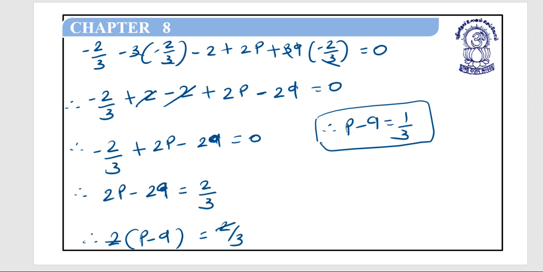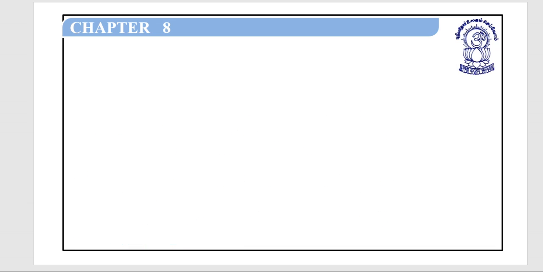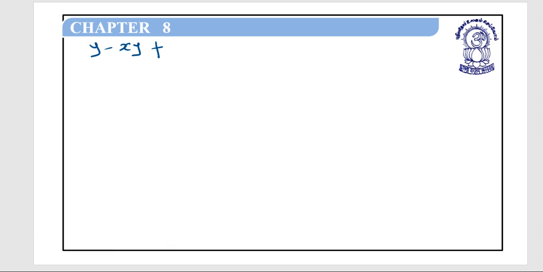Now put the value into y minus xy plus 2px plus 3qy is equal to 0.